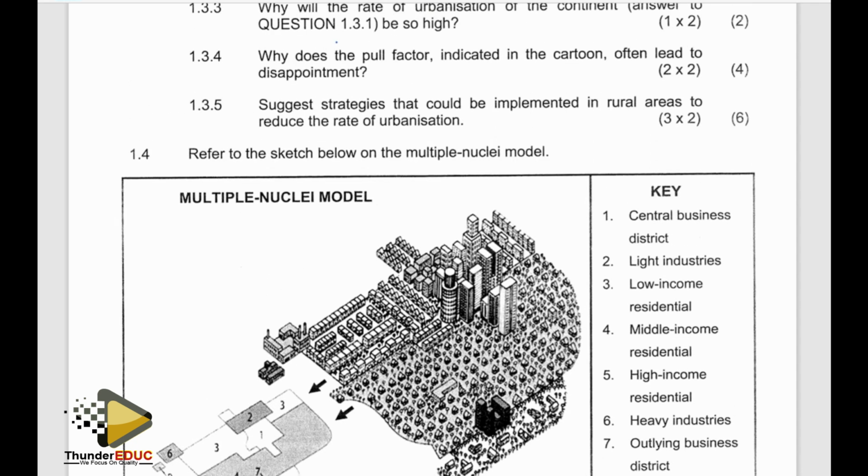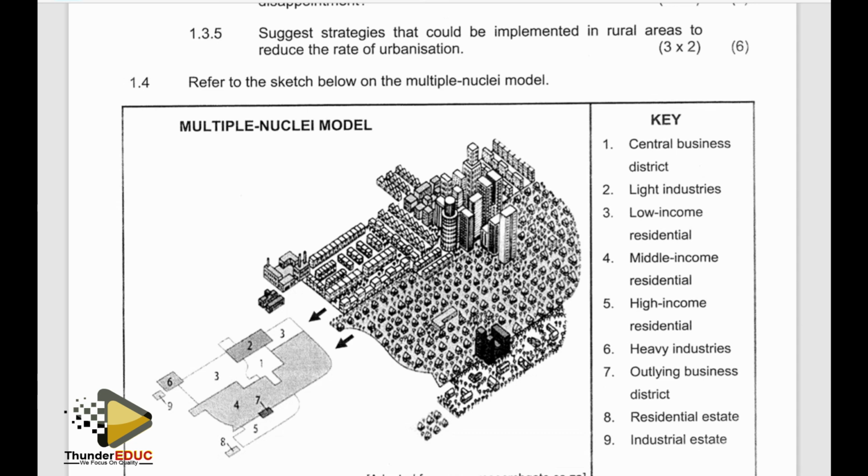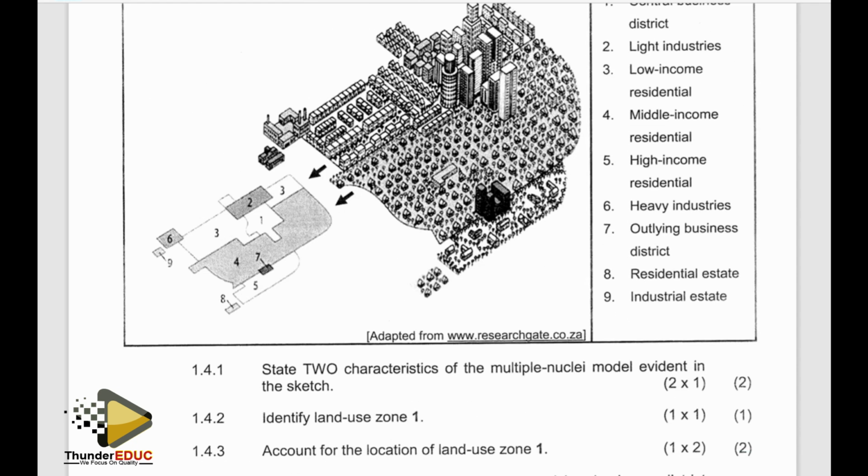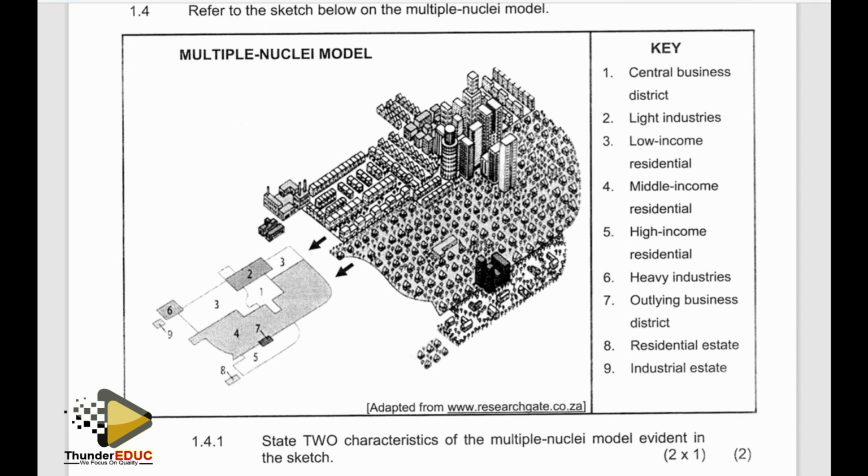If you check this model here, it's indicating the different land use zones that we find in the urban area, and here they are numbered according to the numbering system used on the sketch, and the key is indicated here to show which land use zone falls in which sector, numbered as per the sketch indicated on the left of your urban area.